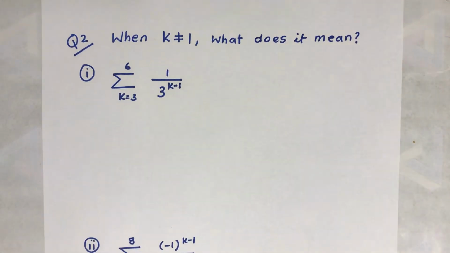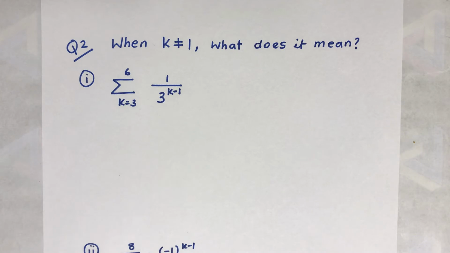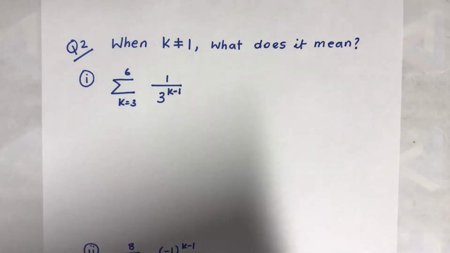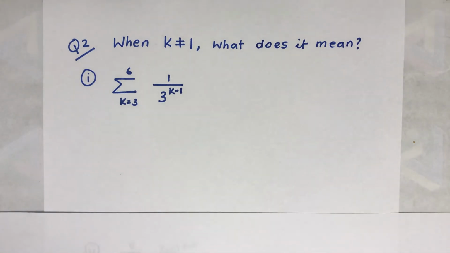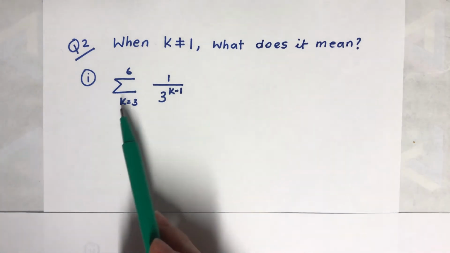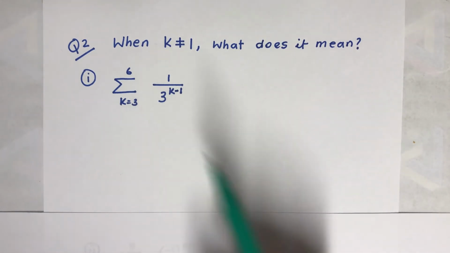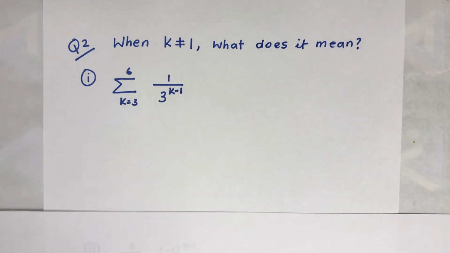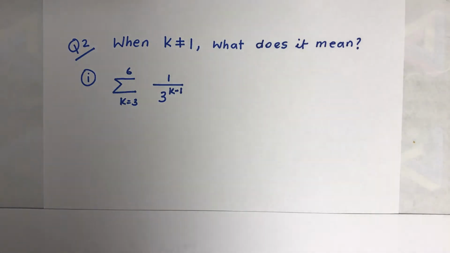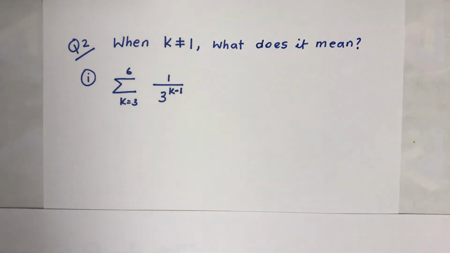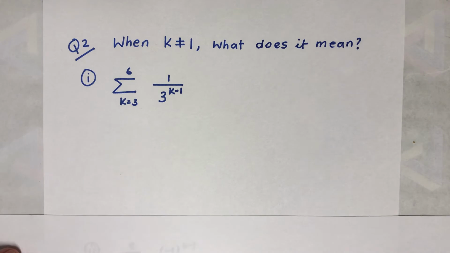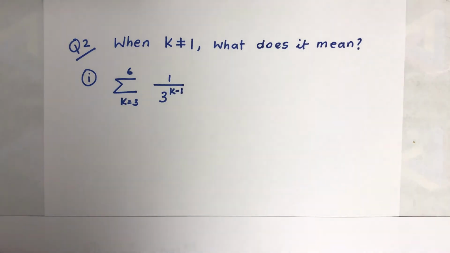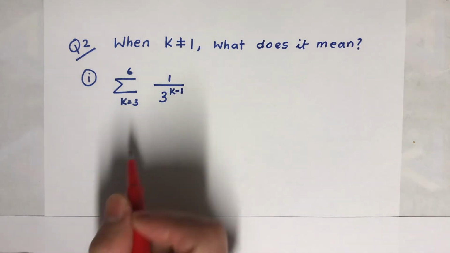Okay, the second question is when k is not 1, the starting is not 1, what does that mean? Okay, so there was some confusion there, and I think I did make a mistake on the previous video, so I'm just going to correct this one.